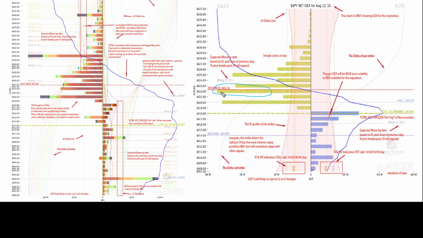If in the SPX there is a big gamma, for example, this is the zero gamma in SpotGamma. If you see in SPY a big gamma here, but in SPX, this is SPY.